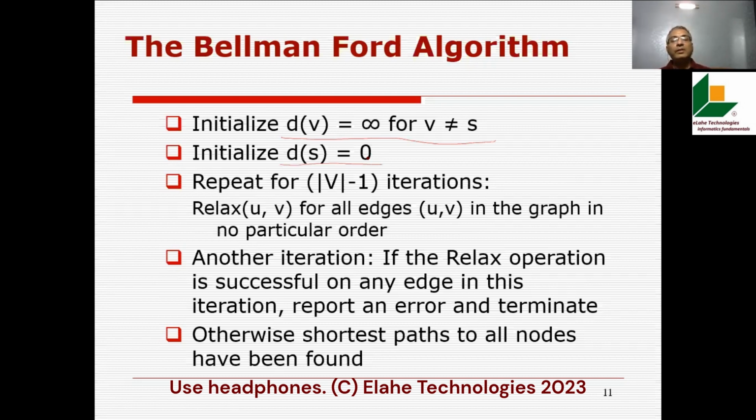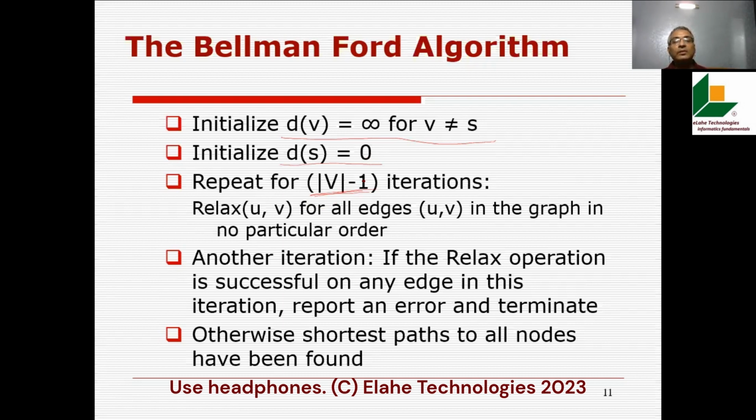And we repeat the following for V minus 1 iterations, where the size of V means the number of vertices, so number of vertices minus 1. We'll discuss later why this many iterations, why not more, why not less. So what do we do in these V minus 1 iterations? In every iteration, we relax all the edges in the graph in no particular order.